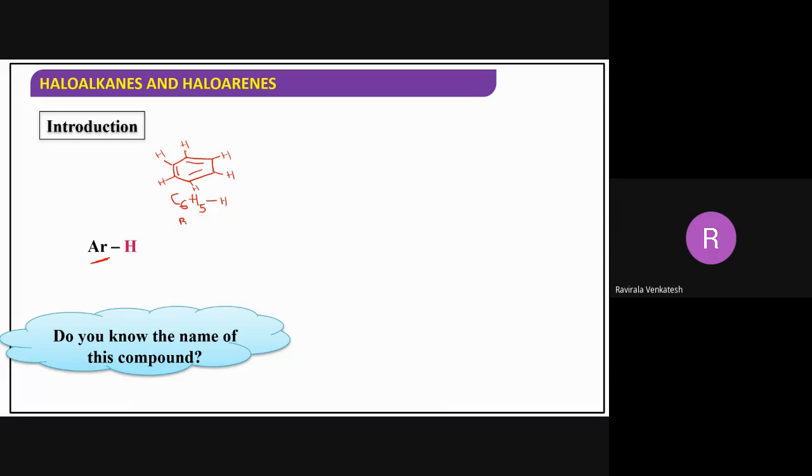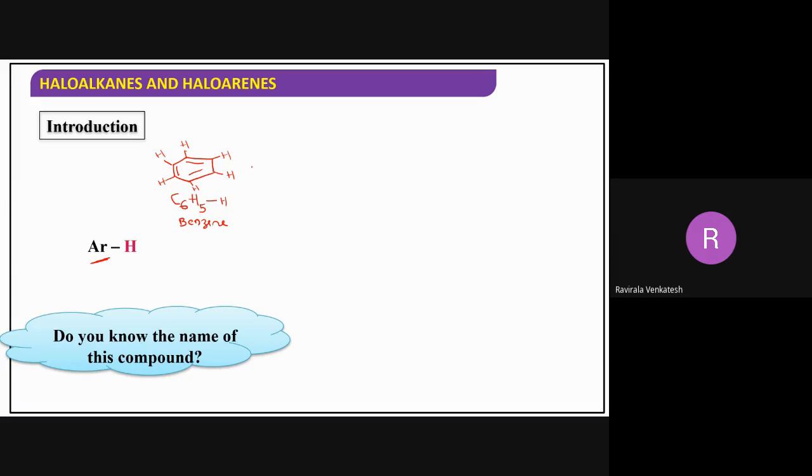This is nothing but benzene, an aromatic compound. Most of the time we get benzene only, and that is the reason I have taken benzene. Ar is not benzene; Ar is nothing but an aromatic compound, which we took in the 11th class. So I will take benzene as the example.